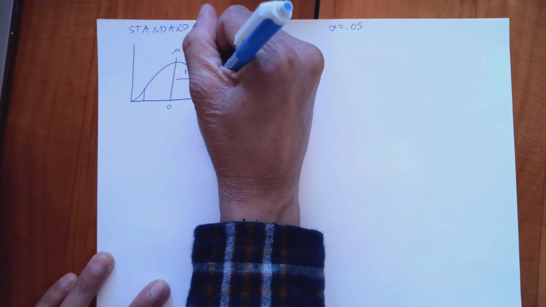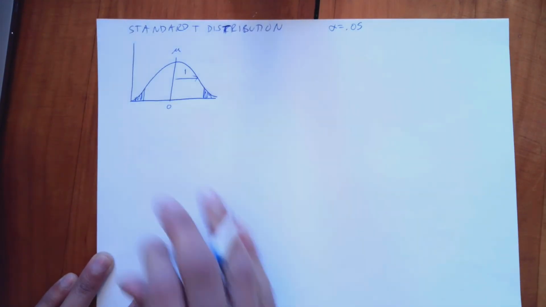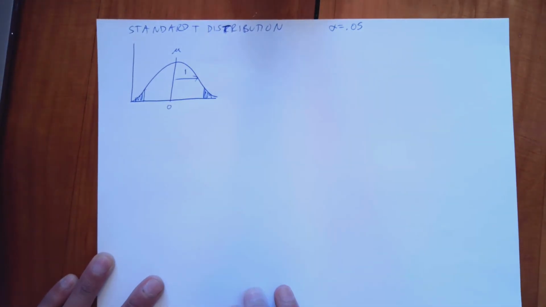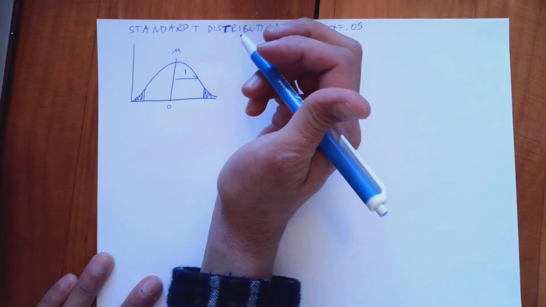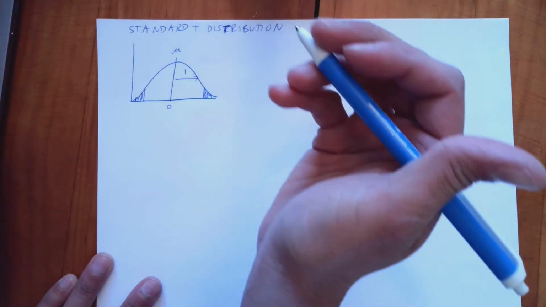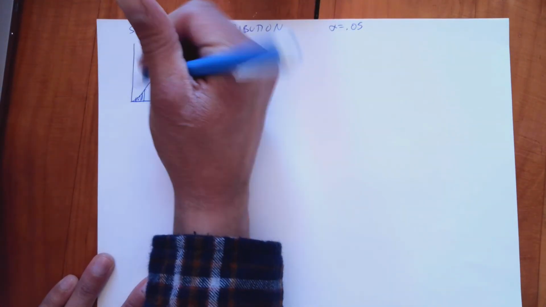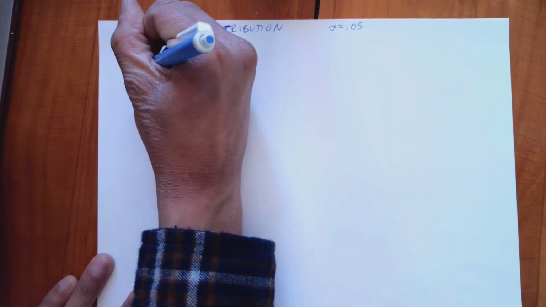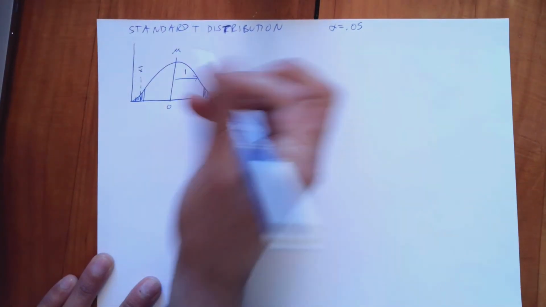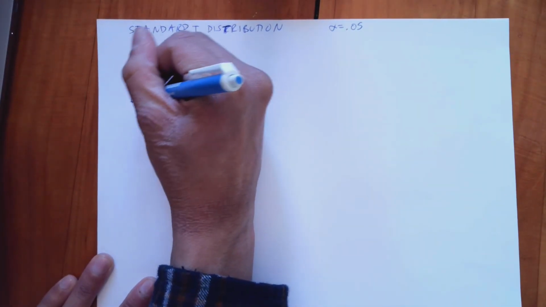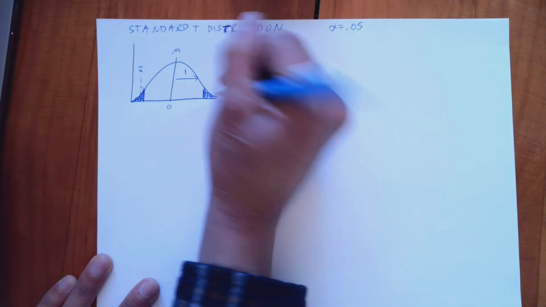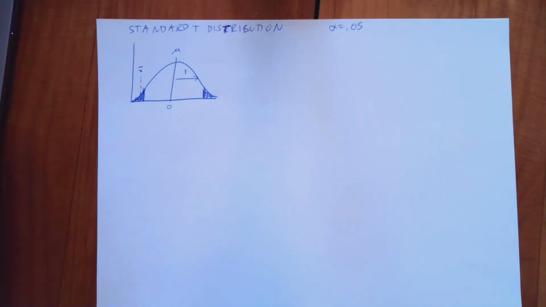This means that we're going to reject our null hypothesis if our sample statistic lands in the 5% of least likely sample means that you could get.